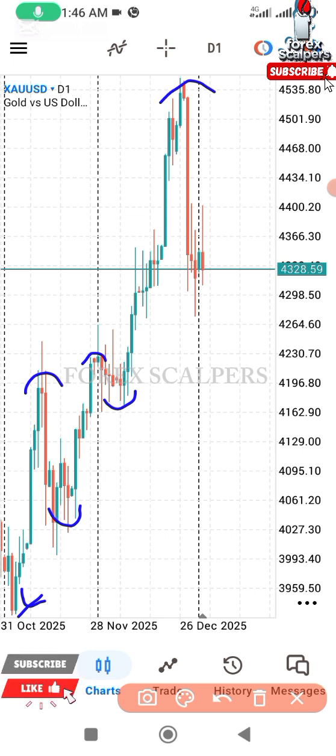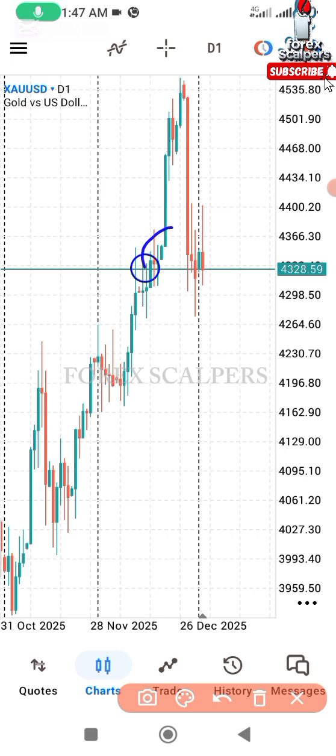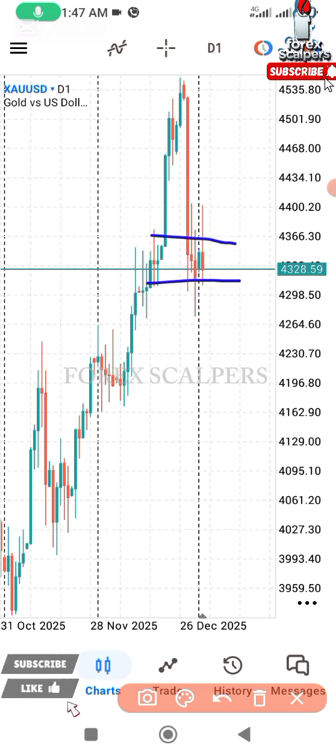So I've established that I'm in an uptrend and I have key levels on this trade. Here is my smart money cube in this price movement, and I can see how price pulled into that zone and has been ranging over time.